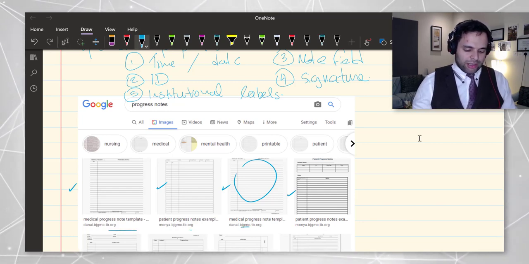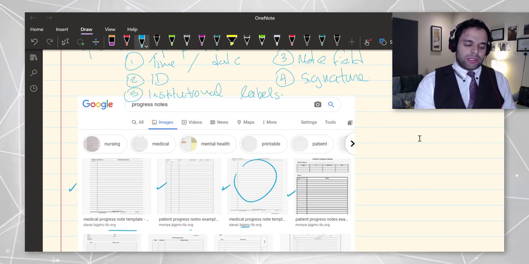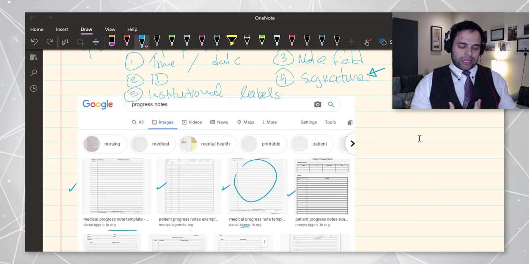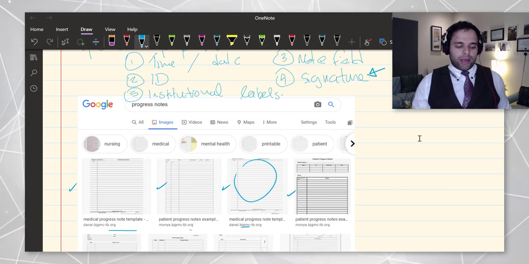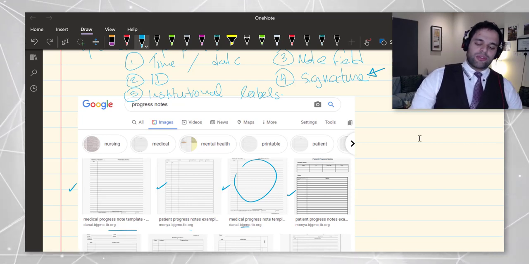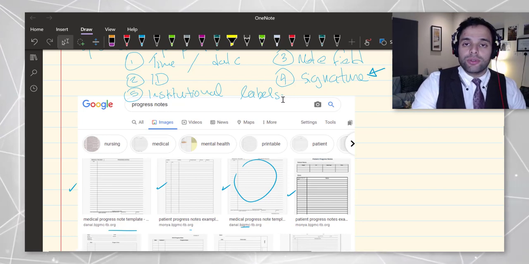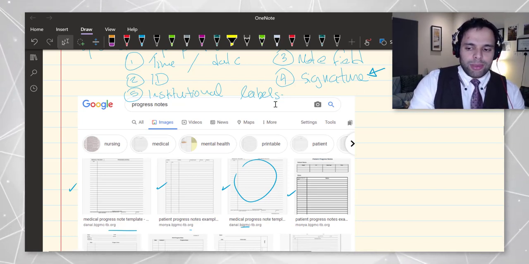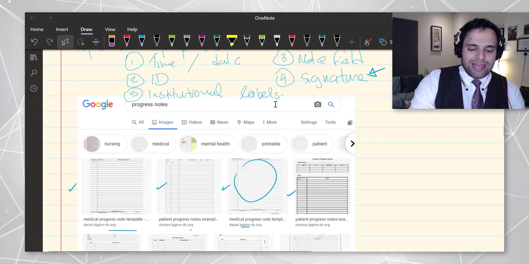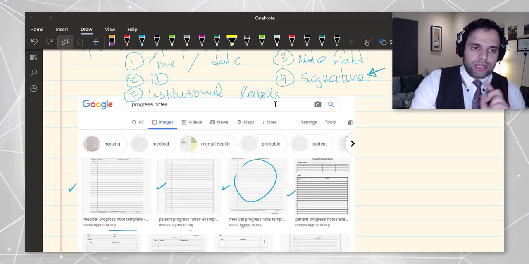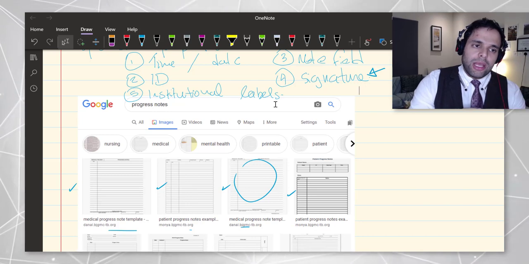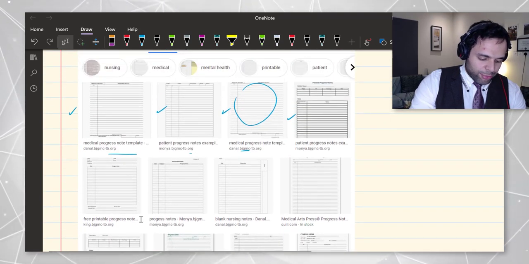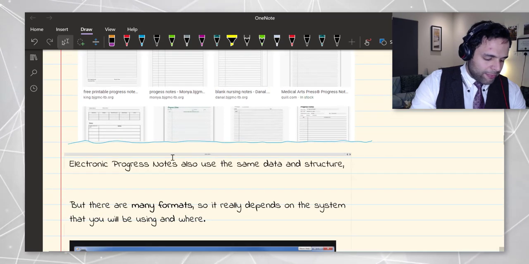And the signature or insignia of the doctor, whether it's an electronic or paper record, of course, identification of the patient, and then special institutional labels. Some progress notes will also include where the patient is or where the note is taken, and some special forms would be for clinic, others for inpatient, and so on. So these are examples of progress notes and how they look.